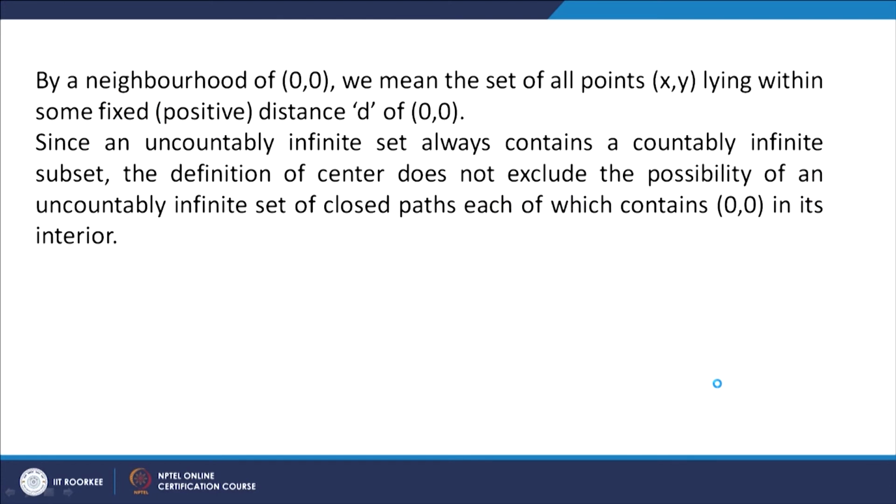Now, by a neighborhood of (0, 0) we mean the set of all points (x, y) lying within some fixed distance d of (0, 0). Since an uncountably infinite set always contains a countably infinite subset, the definition of center does not exclude the possibility of an uncountably infinite set of closed paths, each of which contains (0, 0) in its interior.